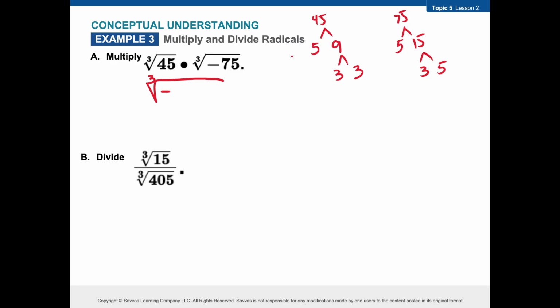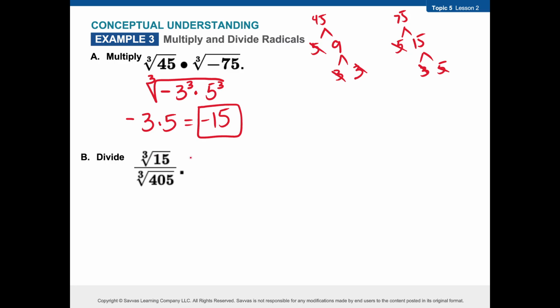And now, since it's a cube root, I now need 3 of a number. 1, 2, 1, 2, 3. So I have 3 cubed times 3 5s. So the negative is going to come out, and a pair of 3 comes out, and a pair of 5 comes out. Negative 5 times 3 would just be a negative 15 as your answer.